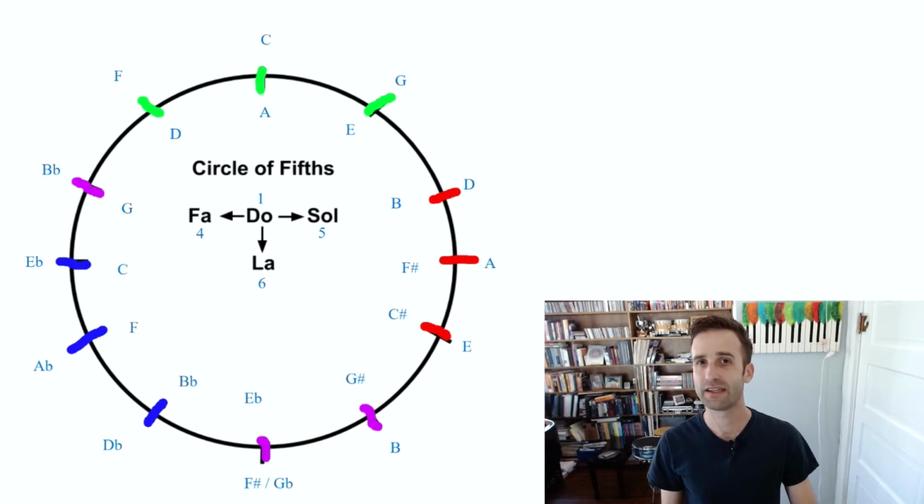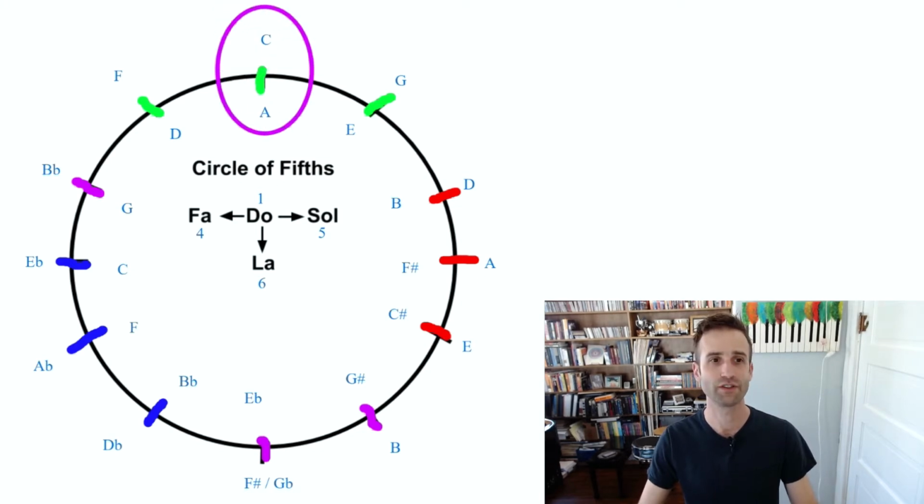So as I mentioned in the intro, the 2-5-1 is a very popular progression, and that is probably due to the fact that the tonal centers of each of those chords are adjacent to each other on the circle. So for example, if C major was our 1 chord, our minor 2 would be D, our 5-7 would be G, and then our 1 would be C, right?